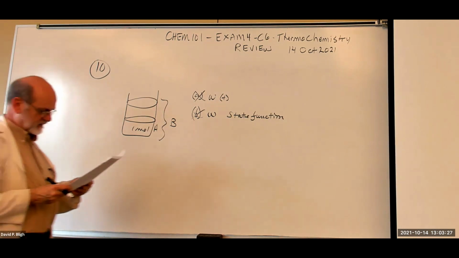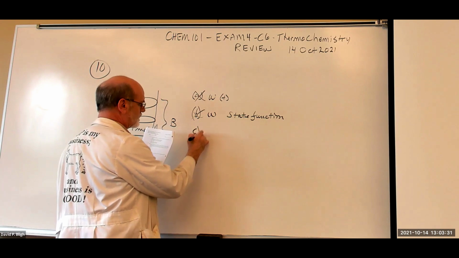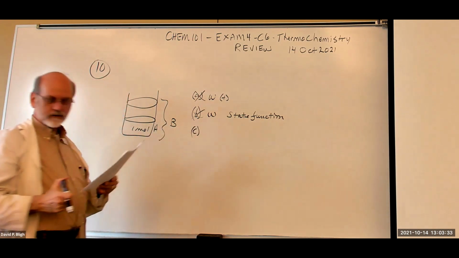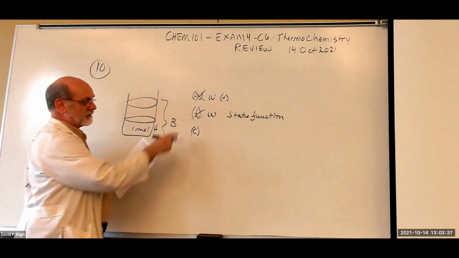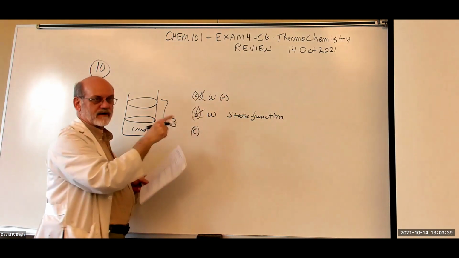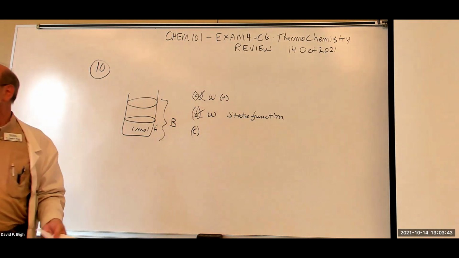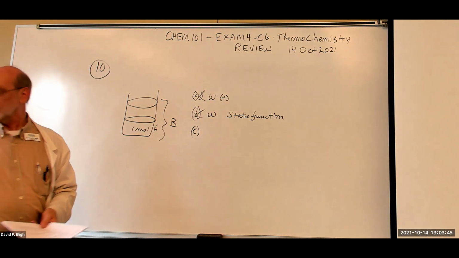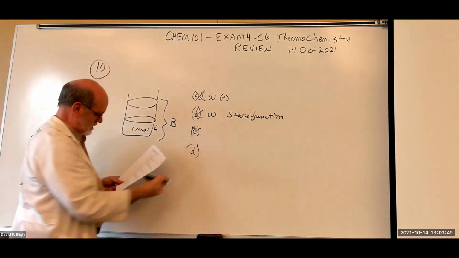C, it is not possible to have more than one path for a change of state. Oh yeah, it is. Right? Different amount of work, different amount of heat transfer. You can have infinite number of paths to get from one state to another. Right, so this one's false. How about D?